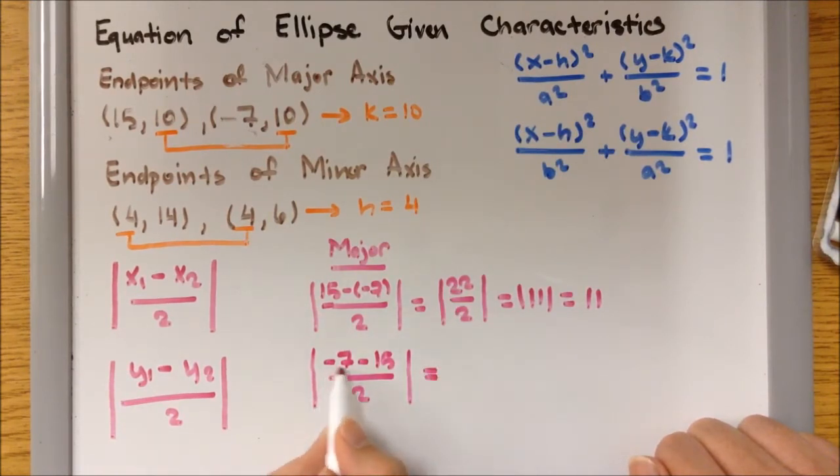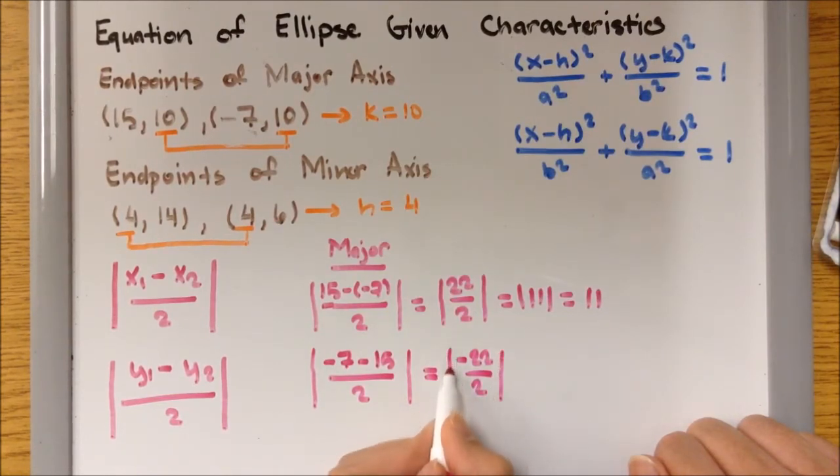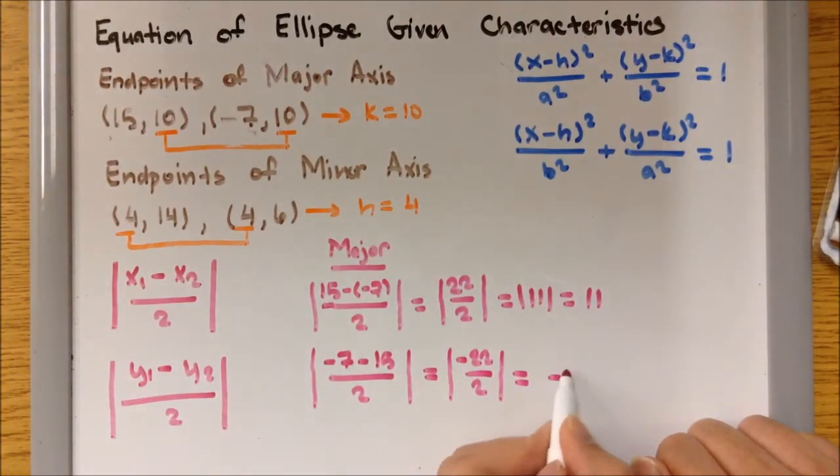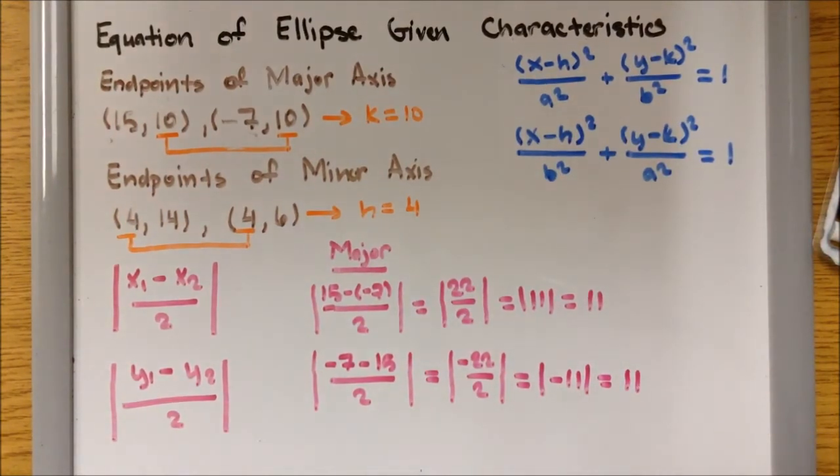That equals -7 minus 15, which is -22 over 2 within the absolute value. -22 divided by 2 is -11, and then the absolute value of it is 11. So that's why we have the absolute value, because we want a positive number for distance.